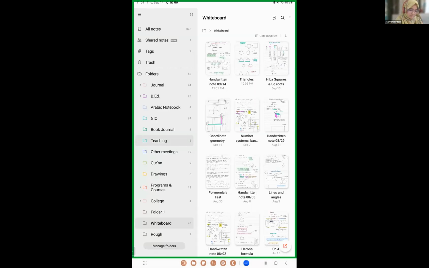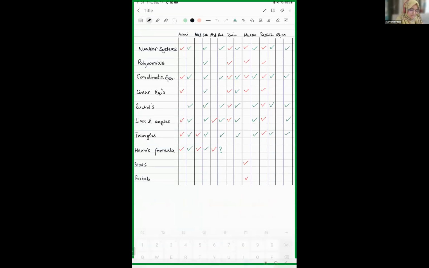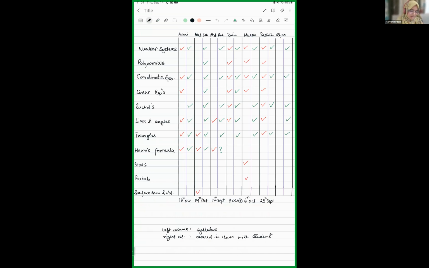Okay. So Abdul Rahman, your lines and angles, you want a revision for this? Yes, and Heron's formula. Chalo, okay, fine. We will have a revision for Heron's formula as well.